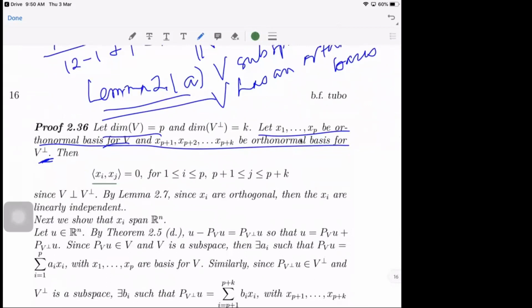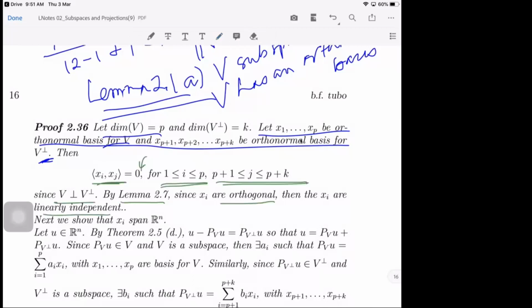So we have that. And then tungod kay orthonormal basis siya, we have these conditions: the inner product of xi and xj, where i and j range over these indices, will be equal to 0 since orthogonal man ang duha ka subspace. Also, by the previous lemma 2.7, kay orthonormal siya, so orthogonal siya, then the x's are linearly independent.